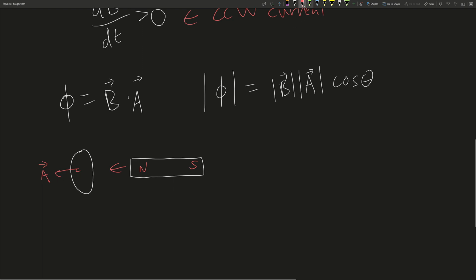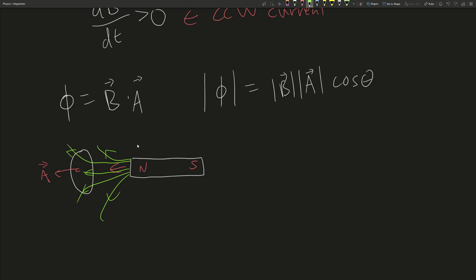Then you know that the magnetic field of this magnet is going to be going from north to south. So it's going to look like this. I'm only going to draw it from the north end, but the magnetic field looks like that, basically, at the north end. So now we know that flux is positive.